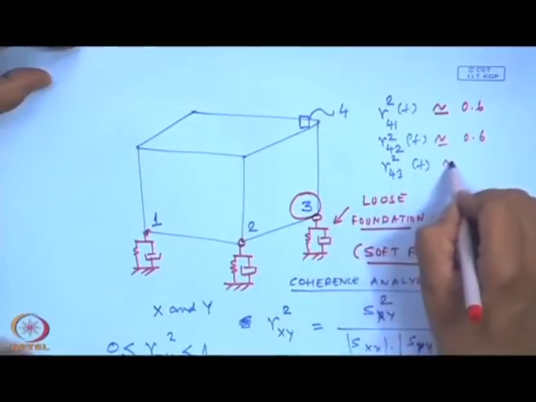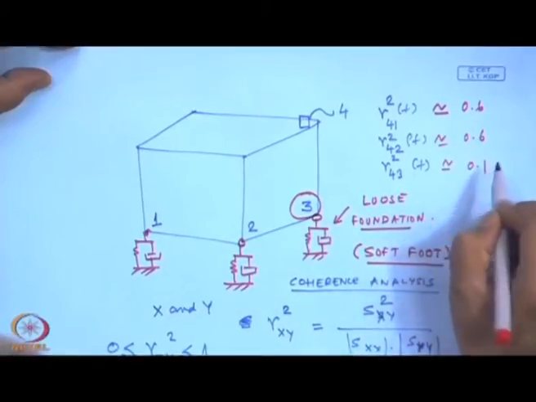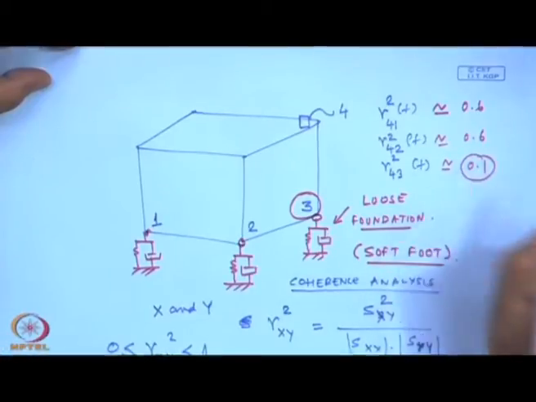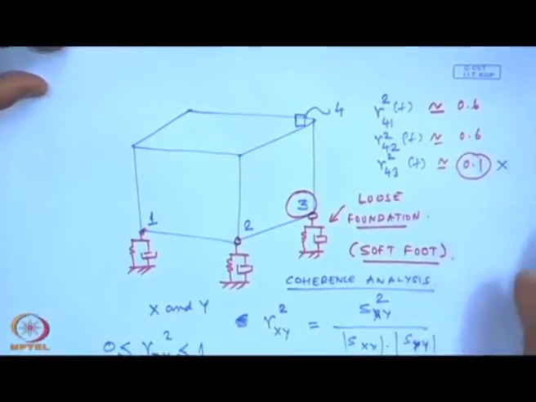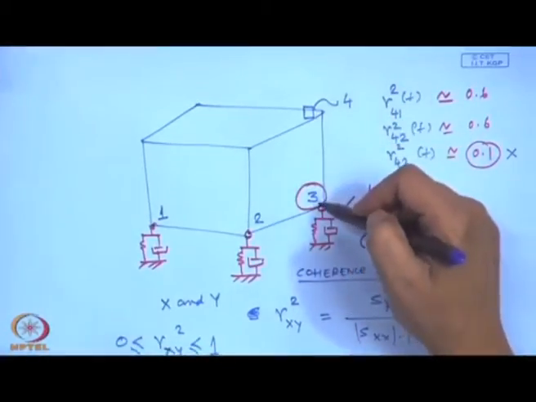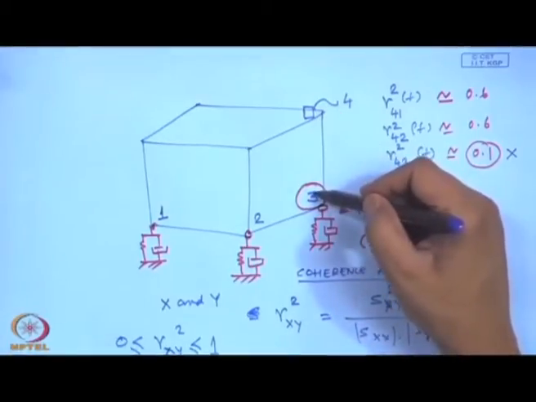So, this gives us an indication that something is wrong with this foot, and that the signal at 4 is not coherent with 3.